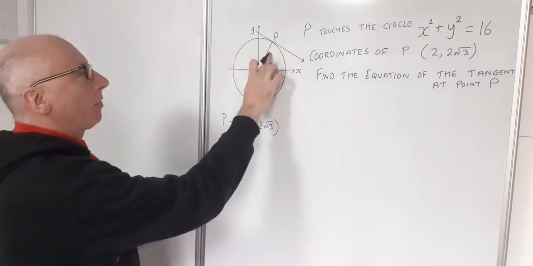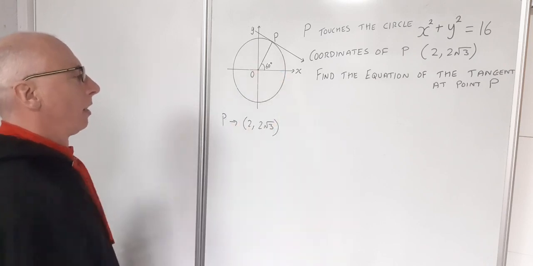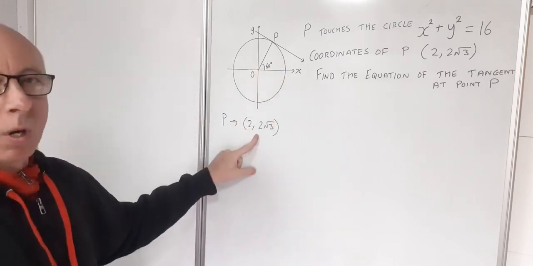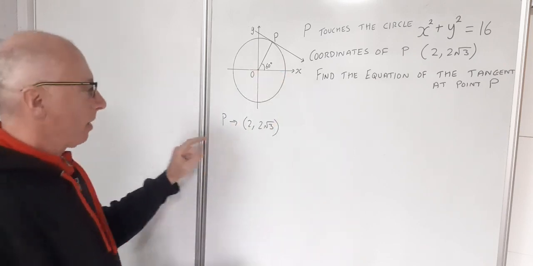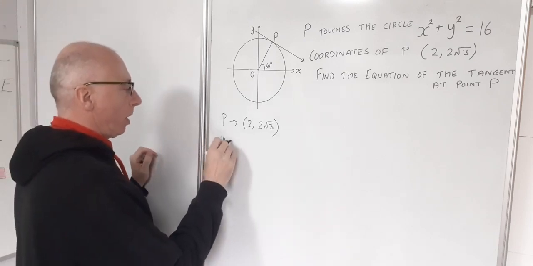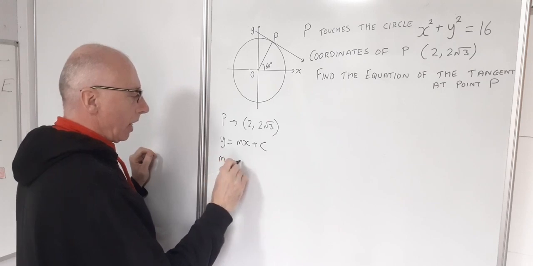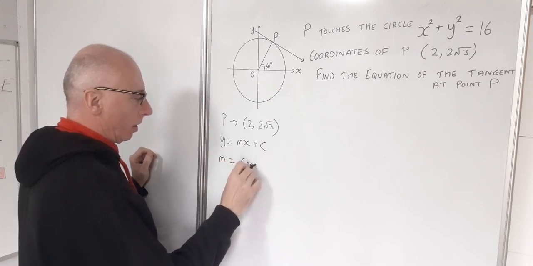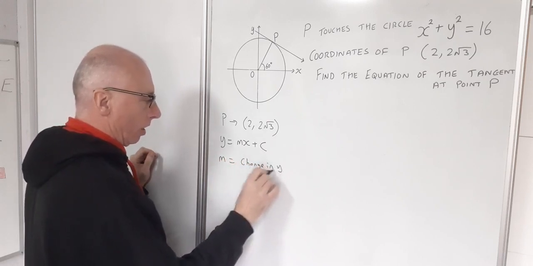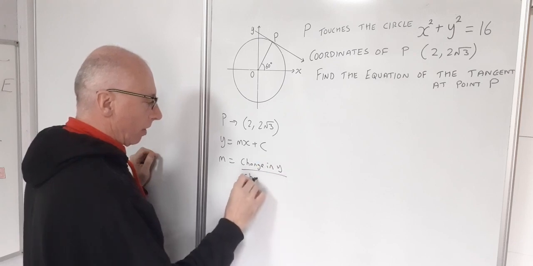So let's find the gradient of this line here. Now the gradient is the change in y divided by the change in x. So if we have a formula y equals mx plus c, our m is change in y divided by change in x.